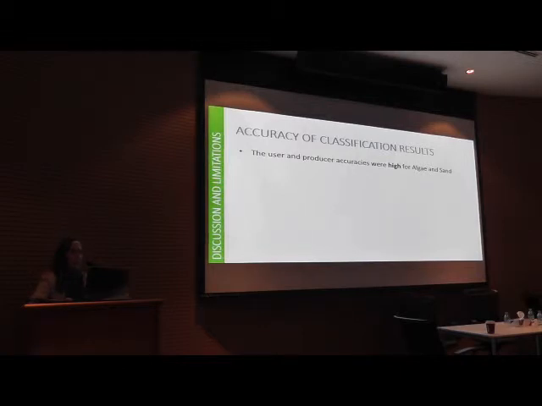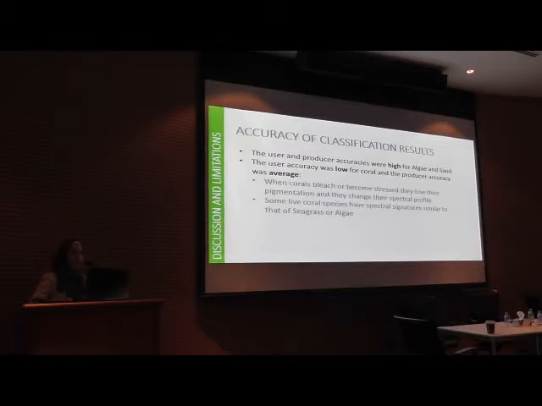So we can see that the user and producer accuracies were high for algae and sand, whereas for coral classification, the user accuracy was low and the producer accuracy was average. This is probably due to two main reasons. When corals bleach or become stressed, they start losing their pigmentation and they change their spectral profile. And also some live coral species have spectral signatures that are similar to that of seagrass or algae.